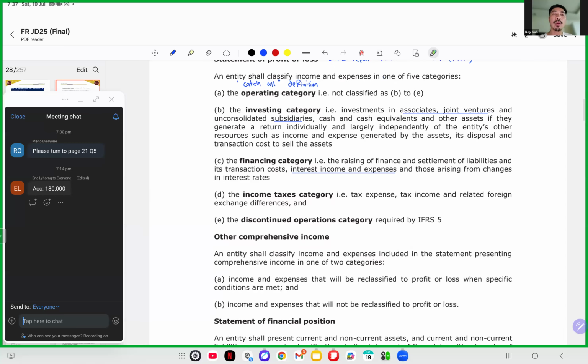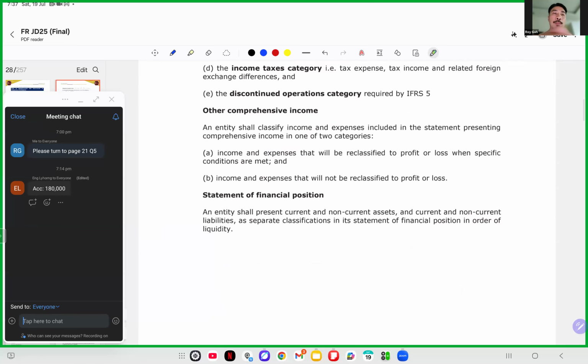Then you have your other comprehensive income. In your FR, financial reporting, it only includes two things. One, your revaluation up, revaluation down, revaluation reserves up and down for the whole year, RR.